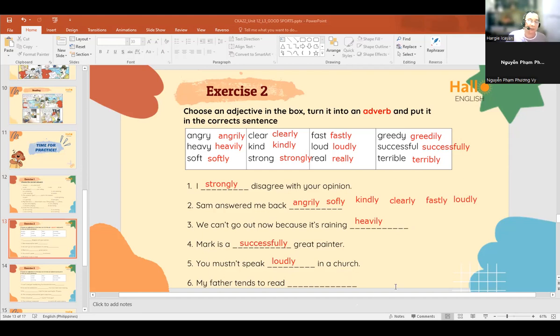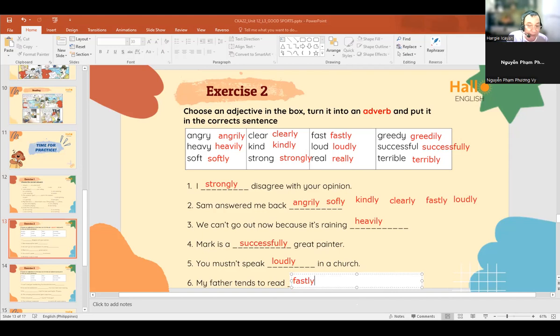Okay, next, number 6, V. Read and answer. My father tends to read fast. Fastly, okay? We can use fastly.